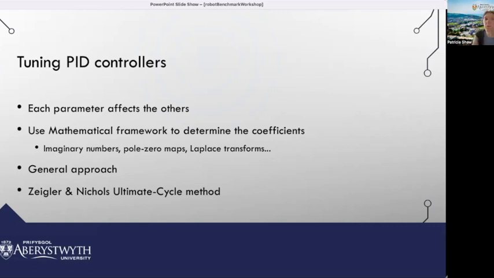But I can give you some generic approaches that aren't too bad and that we quite often use for tuning PID controllers in robotics. There are some slightly more sophisticated approaches, such as the Ziegler-Nichols method, which I won't be covering here, but if you are interested, I would encourage you to have a look at those further.